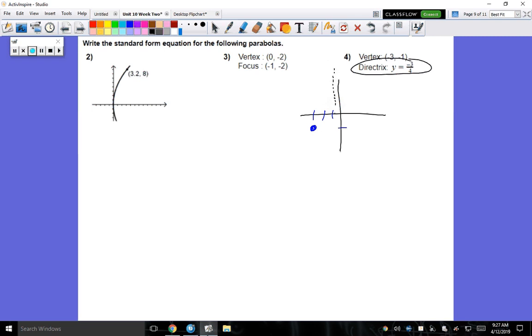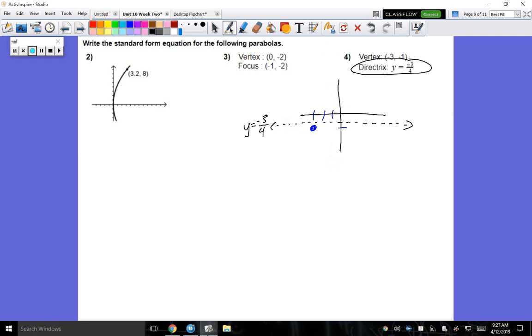Oops, I did that wrong. That was x equals -3/4. We want y is -3/4. So not quite -1, but about 75% of that, we have the directrix.